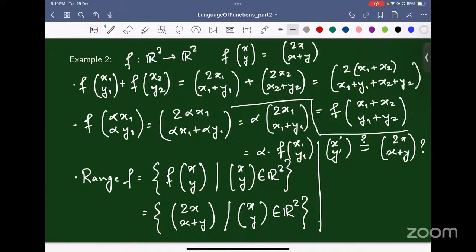As you will guess, yes indeed. I can take x to be x prime by 2, and I take y to be y prime minus x prime by 2.